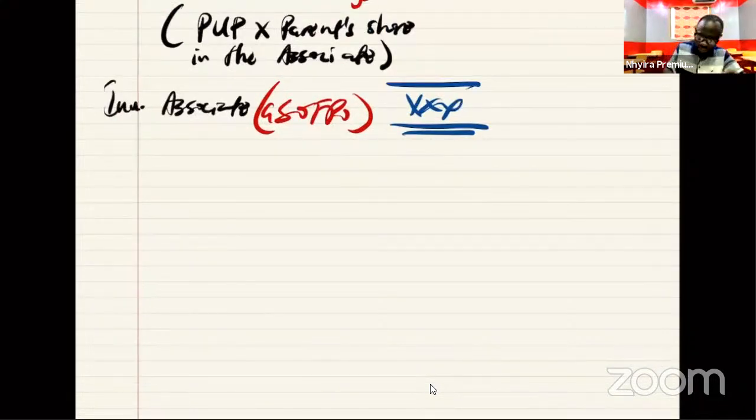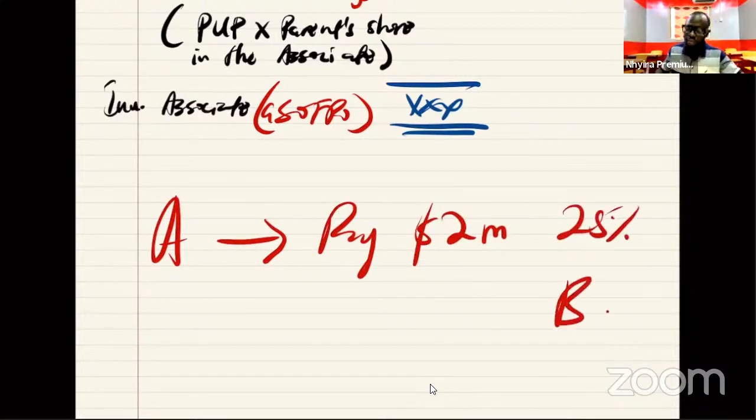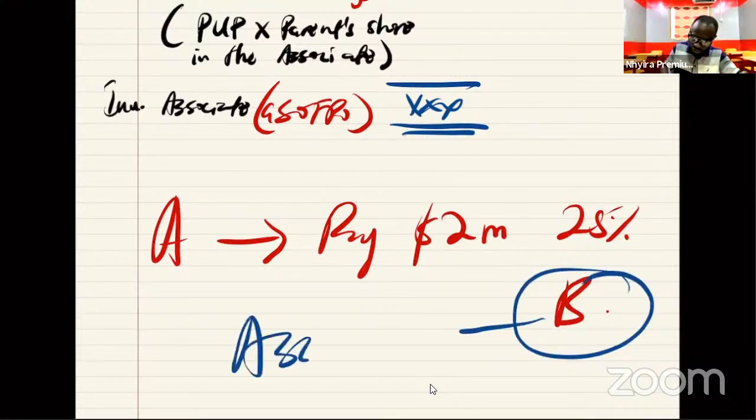Let's say, for instance, A actually pays $2 million to acquire 25% in B, meaning that company B is an associate. Okay?